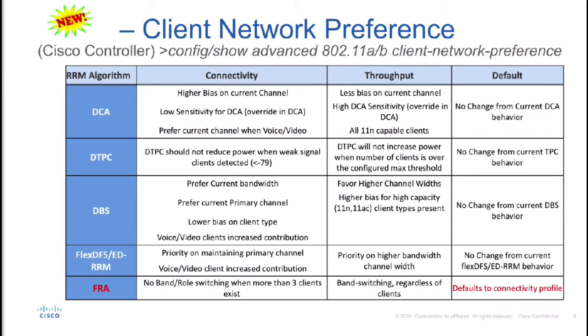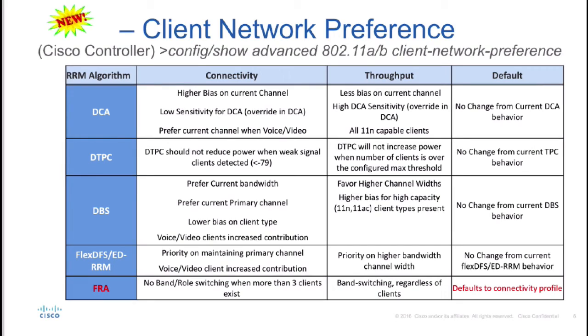The connectivity profile puts a bias on keeping clients connected, doing fewer changes, being less sensitive. You follow me? So this automatically puts DCA into a higher bias on the current channel, meaning we tend to want to stick to the channel rather than move for temporary things. Definitely prefer the current channel when voice and video are involved, and lower the sensitivity for DCA.